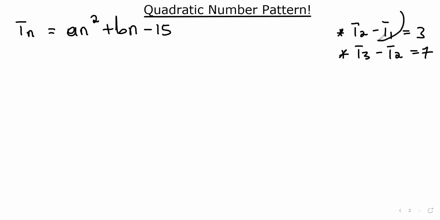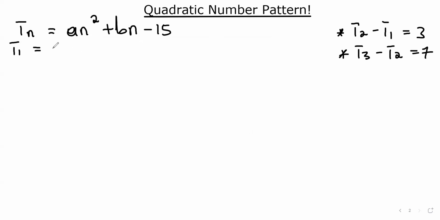So what we can do here is to find term number 1 and term number 2 and find the difference between the two of them and set it equal to 3. And do the same for the second one as well. So in other words, we find term number 1. This means when we see n, we substitute a 1.